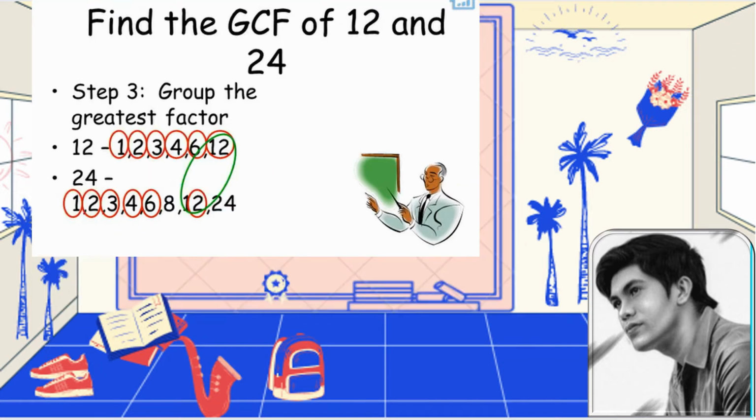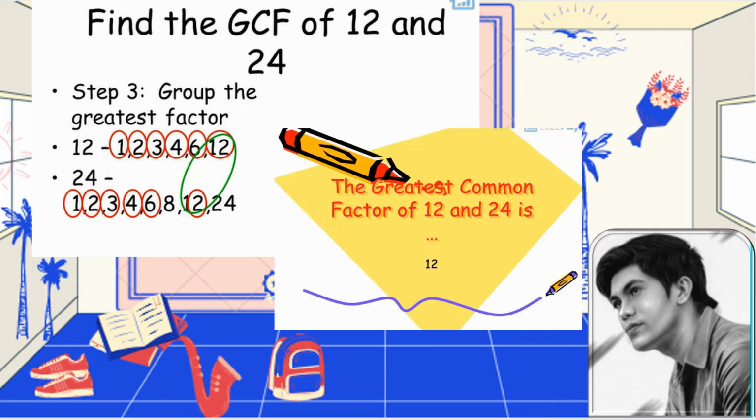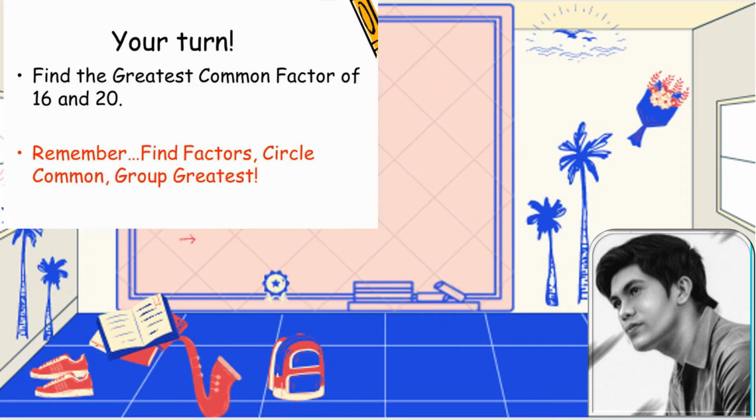Therefore, in step 3, you have to group the greatest common factor. Pagsamahin natin yung pinakamataas. So, 12, again, is the greatest in this example. Therefore, the greatest common factor of 12 and 24 is 12. Okay? That's it. Now, your turn.